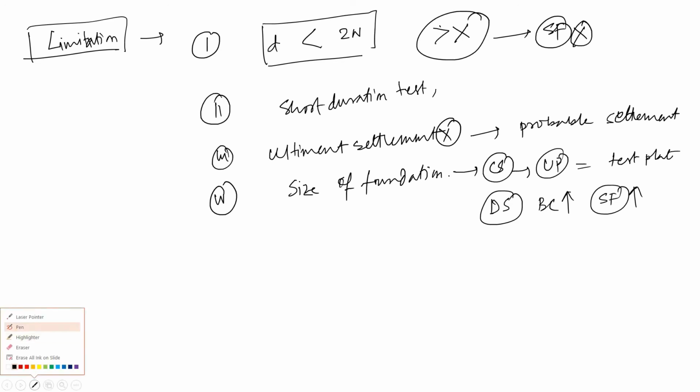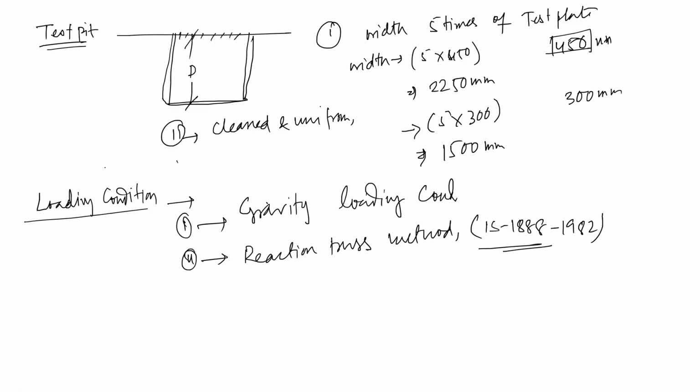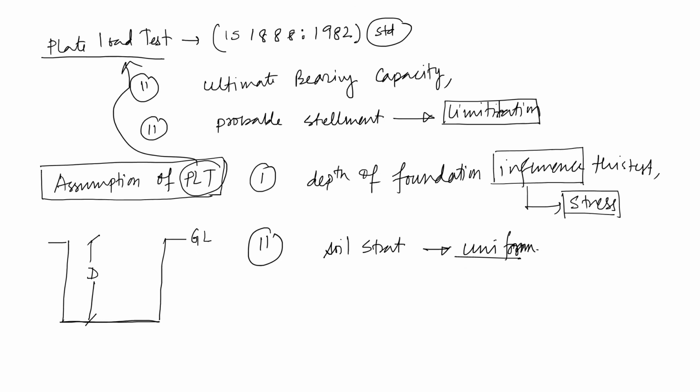So yeah, that is all about the plate load test, where I talked about the IS code, then some assumptions, and why probable settlement, and why the limitation I discussed later.